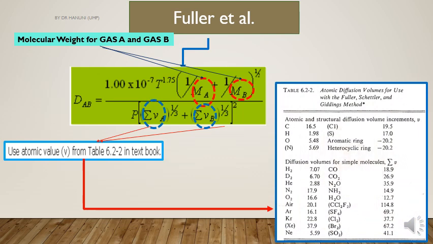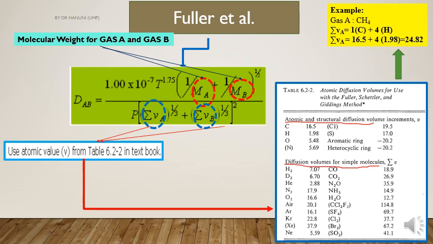If you take a look at the table here, it consists of atomic and structural diffusion volumes, and we have diffusion volumes for simple molecules here. For example, we have gas A, which is methane, with the formula CH4. So how can we determine the value of VA here?